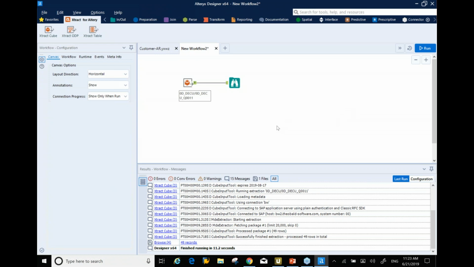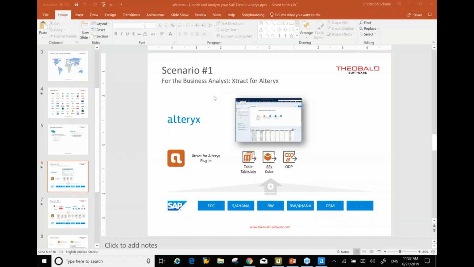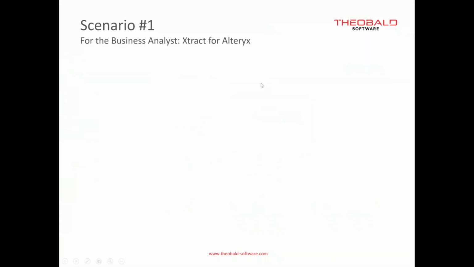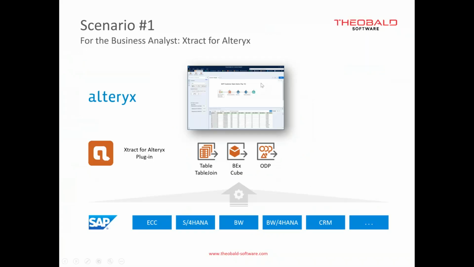So let me switch back to the PowerPoint. There we go. So to recap, we just saw how you can use the plugin, the built-in experience of Extract for Alteryx to access SAP data.